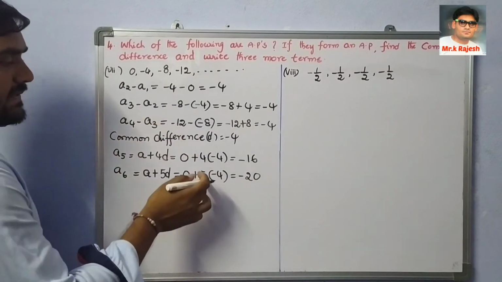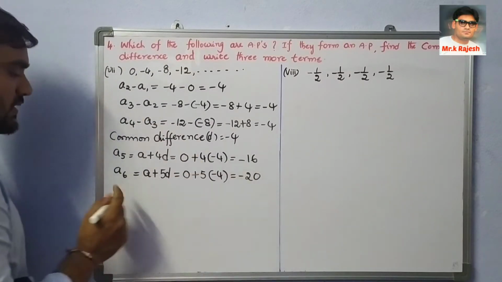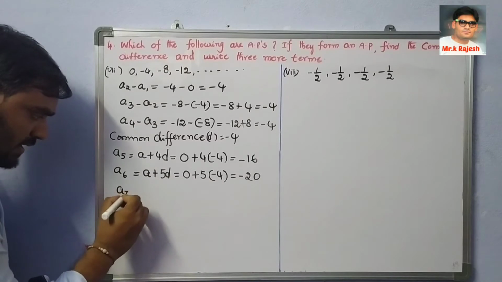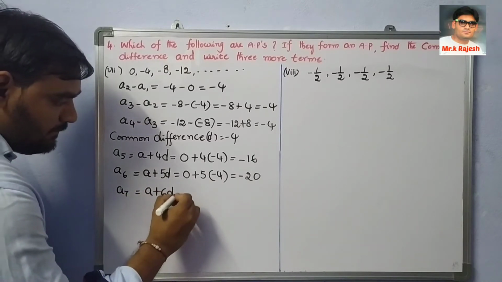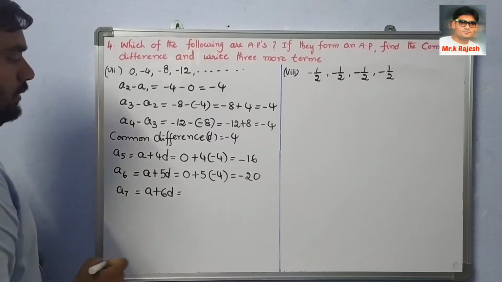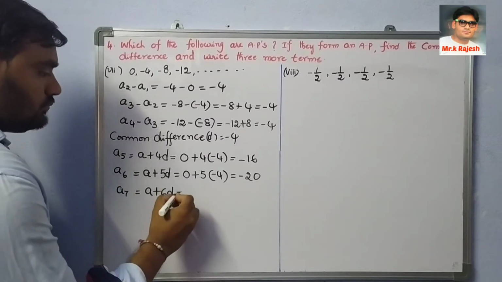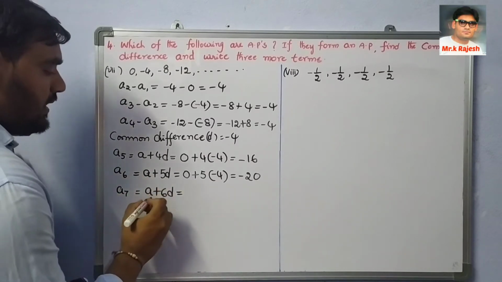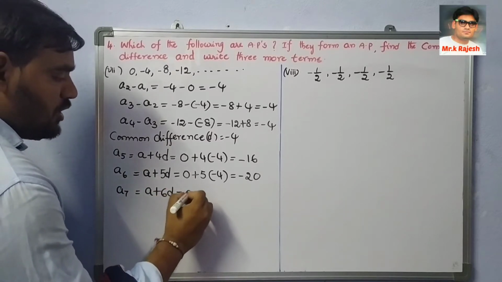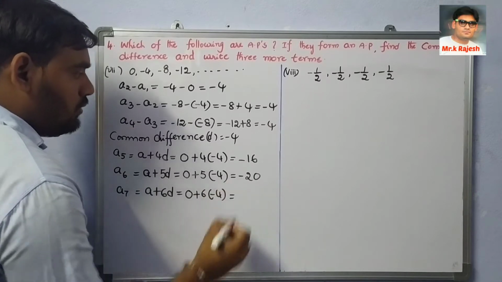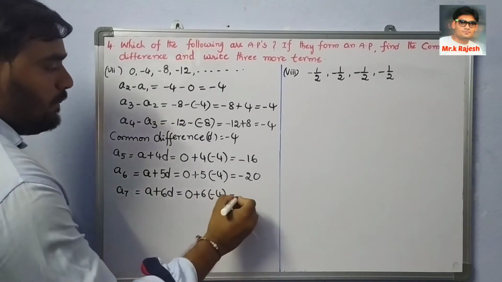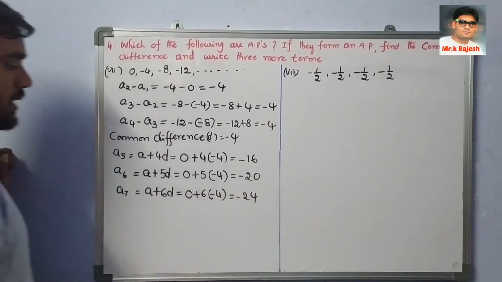Plus into minus is minus, 5 4s are 20. So minus 20. Next A7 is equal to A plus 6D, isn't it? A is nothing but here 0 plus 6 into minus 4. Now we are getting minus 24.